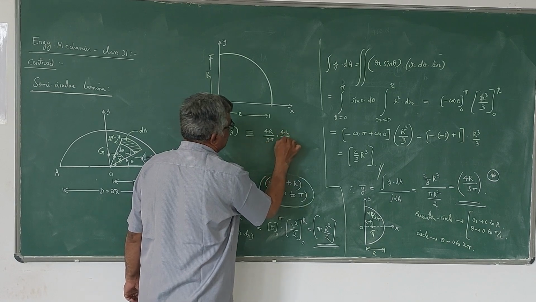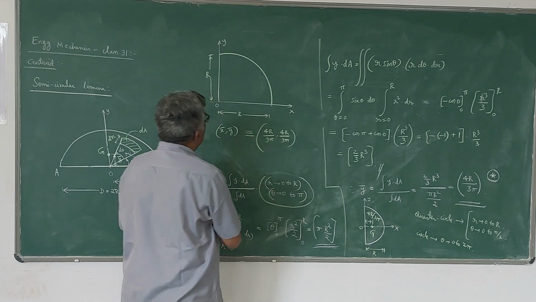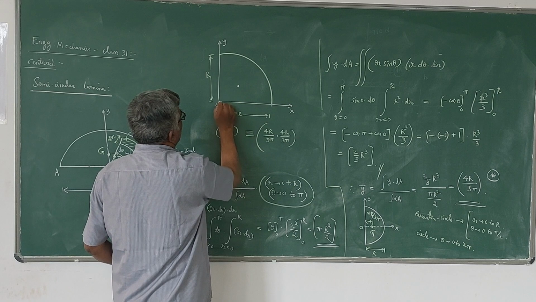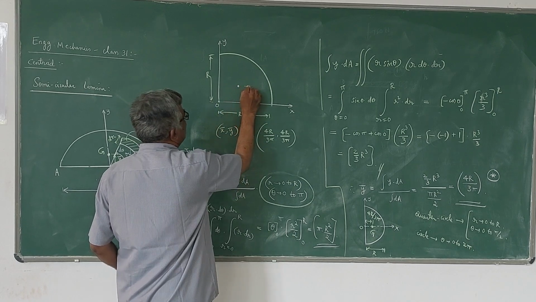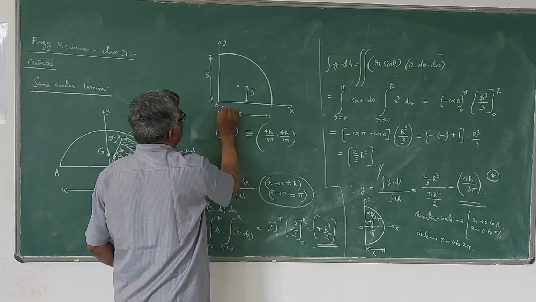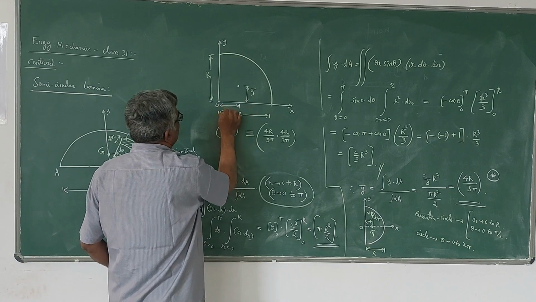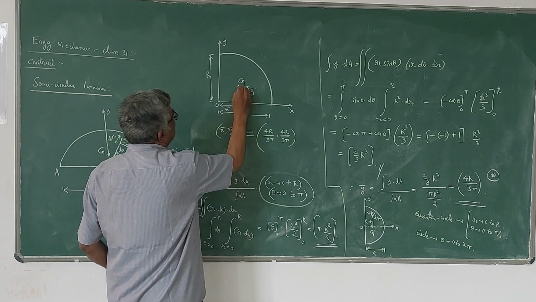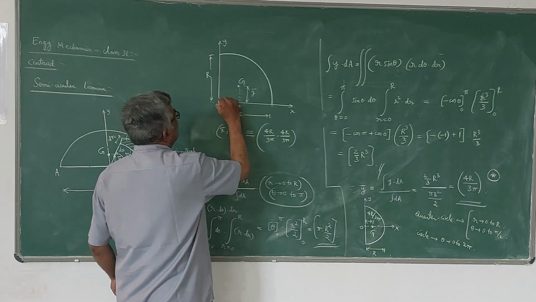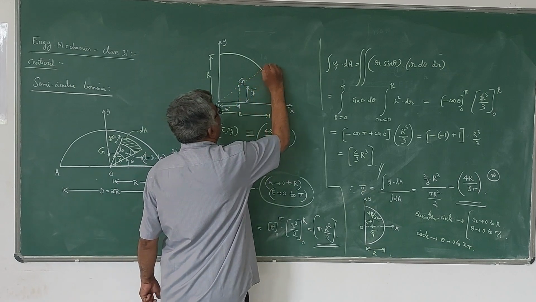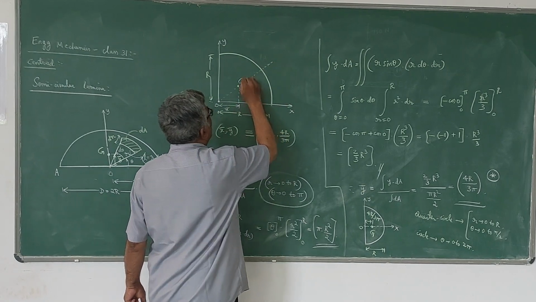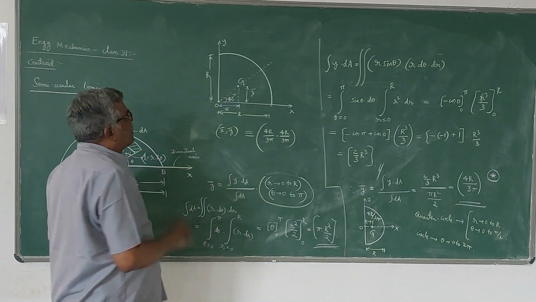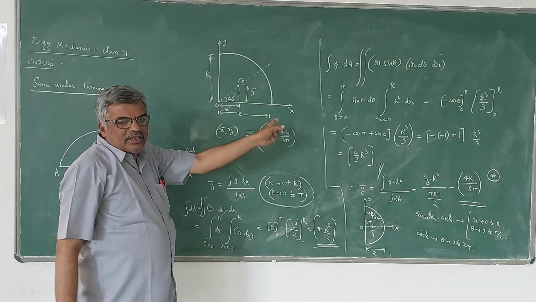X bar means from here you have to measure 4r by 3 pi, and y bar means from here you have to measure 4r by 3 pi. So both are equal here. The centroid G will be lying here, and of course this angle becomes 45 degrees. So this is how the centroid of a quarter circle lies.